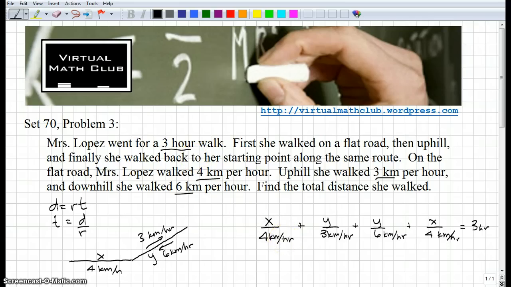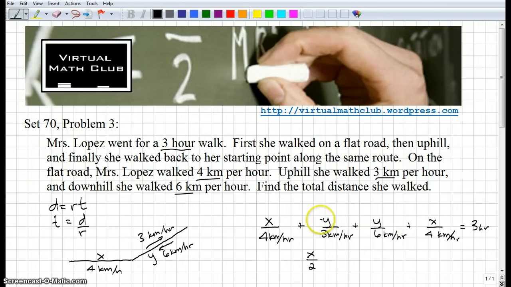Alright, let's try to simplify this. I've got x over 4 plus x over 4, which gives me 2x over 4, or x over 2. Then I can add the y's: y over 3 plus y over 6.